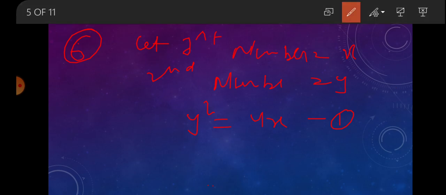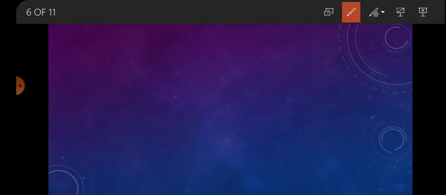Now when I write in the equation as given, what is given to you, the difference of squares of two number, so the first number is x, the second number is y, and their difference is 45, and the value of y square you will immediately substitute, so you get x square minus 4x is equals to 45. So x square minus 4x minus 45 is equals to 0. Again, now there is a quadratic equation and you can solve. Again the same problem arises as I have told you about the last question.